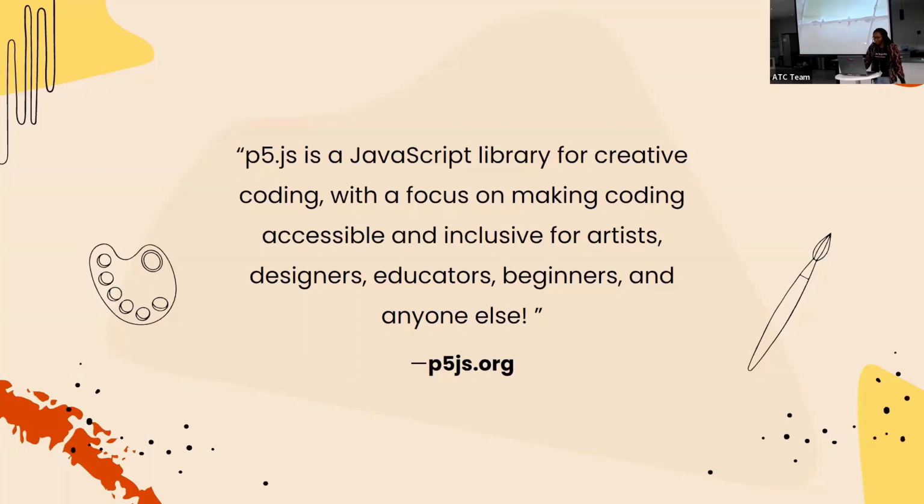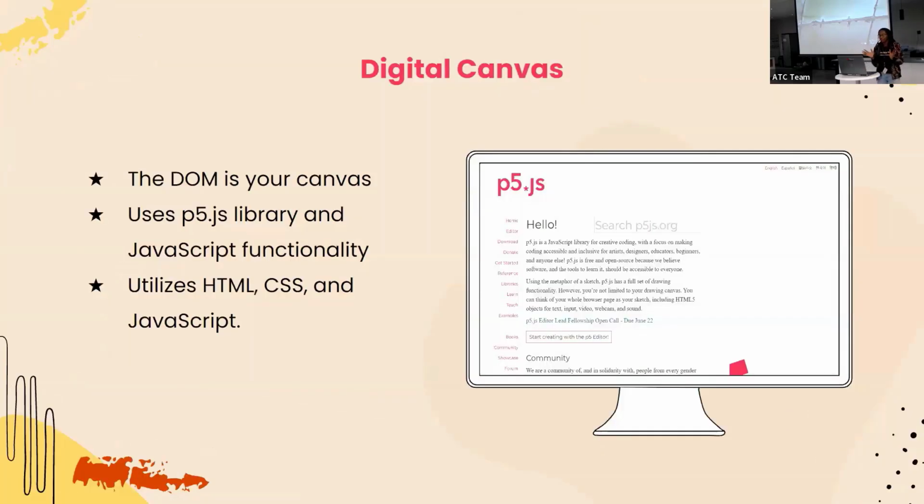But when I was introduced to something so beginner friendly and easy to understand, it blew my mind, all the possibilities you have available with just the browser alone. When you think of p5.js, you can think of it as a digital canvas. Just like you have a physical canvas, paints, and whatever you need to make your project, the same thing has been transferred onto your browser. p5.js is a library, not necessarily a language.